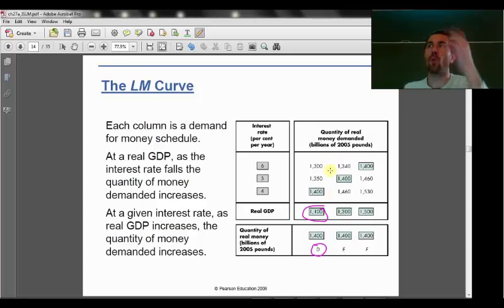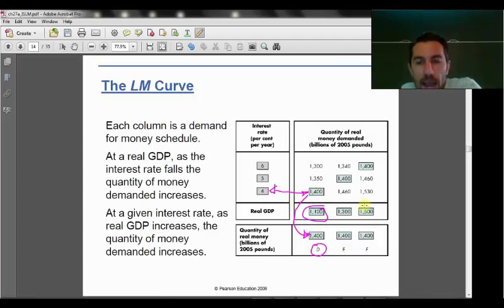Now, if the quantity of money supplied is 1,400, what we want is the interest rate where the quantity of money demanded is equal to the amount supplied. Where is the amount demanded equal to the amount supplied? Well, it's at interest rate 4, right? So 1,400 equal to money supply, and that is at an interest rate of 4%.